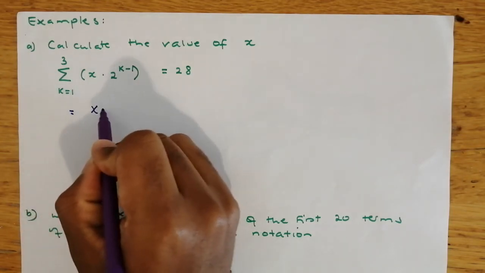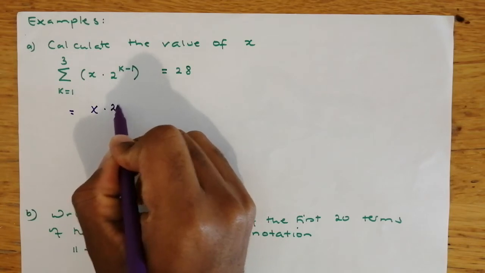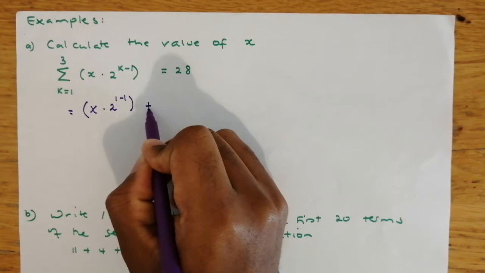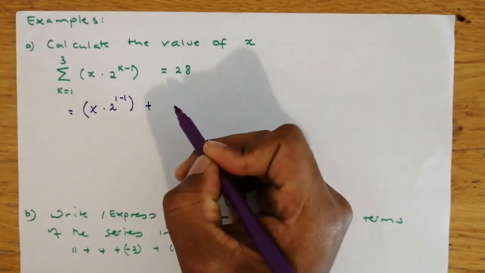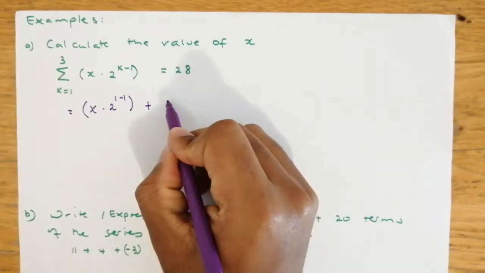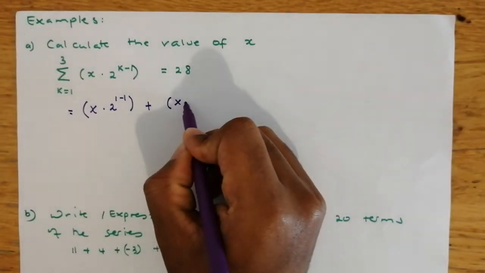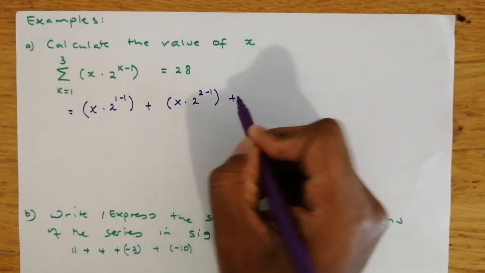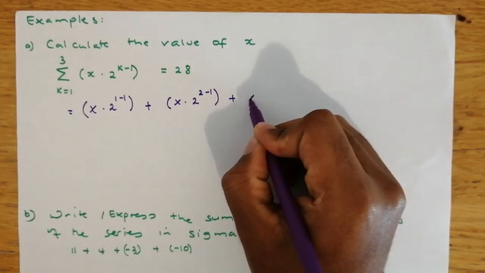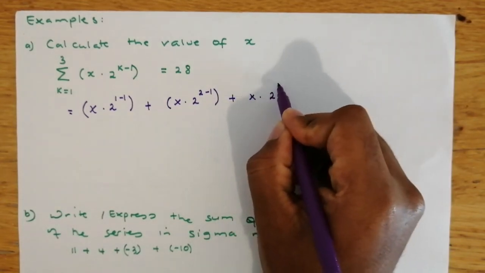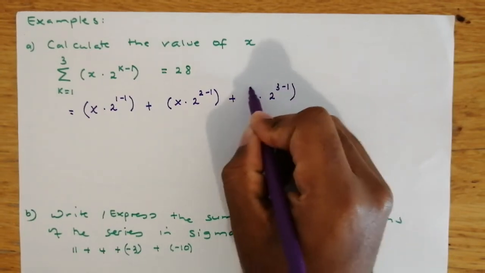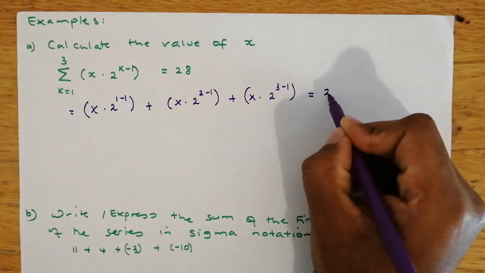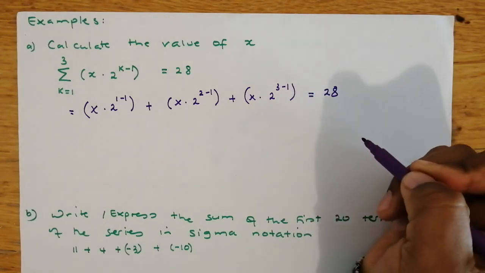So x multiplied by 2 to the 1 minus 1, then we continue. We put 2 wherever there's k: x multiplied by 2 to the power 2 minus 1, then plus x multiplied by 2 to the power 3 minus 1. Then all of this has a value. It equals 28.